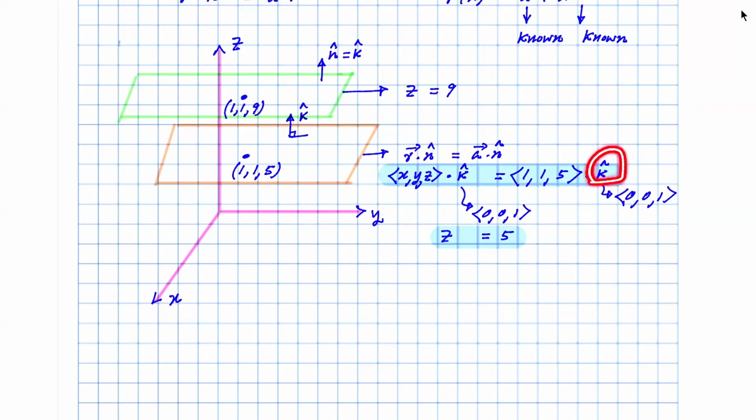K hat is 0i plus 0j plus 1 k hat, which is going to be 0, 0, 1.